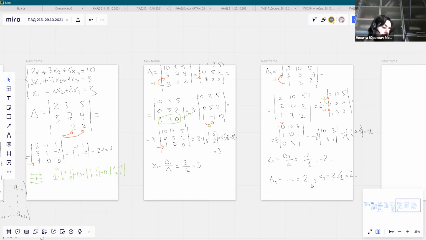The reason is that Gaussian elimination does some work on the entire matrix simultaneously. And here we have to simplify this determinant separately, this determinant separately, this determinant separately, and the fourth one separately. So unfortunately, this method is not very useful. It takes too much time.